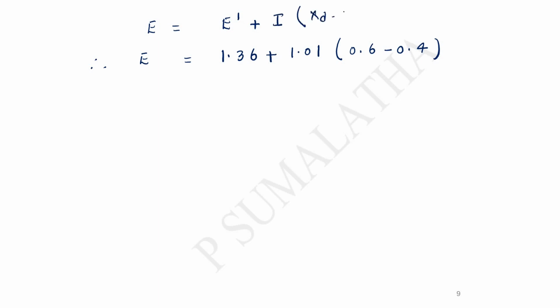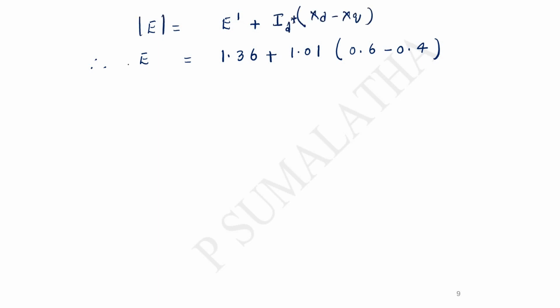Therefore voltage E is equal to mod E dash, that is 1.36, plus the ID value 1.01 into (XD minus XQ). XD value is given as 0.6 minus XQ value given as 0.4. In which equation are we substituting? E dash plus I into (XD minus XQ).